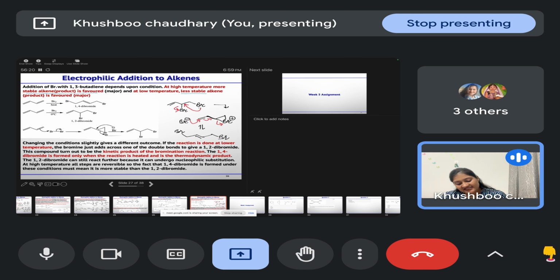For example, if we are treating butadiene with bromine in heating conditions, then the more stable, that is the more substituted, alkene will form. But if we are doing this same reaction at 0 degrees Celsius, in that case we will get the 1,2-dibromo compound.